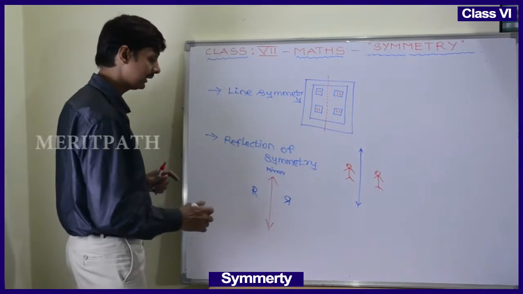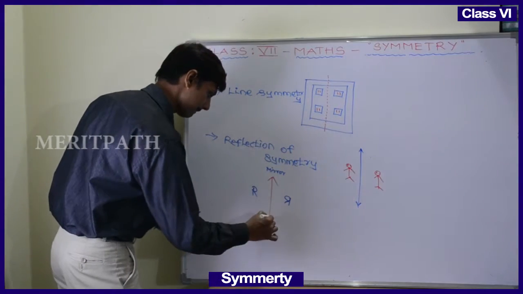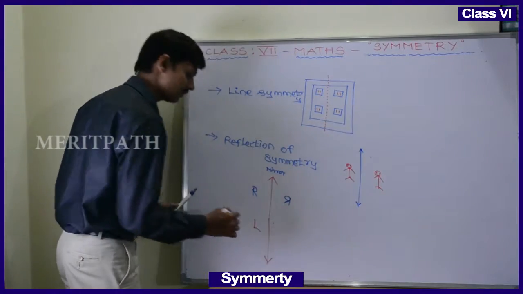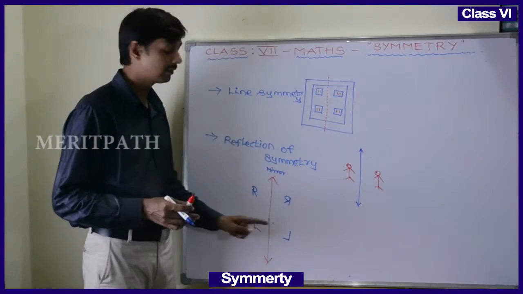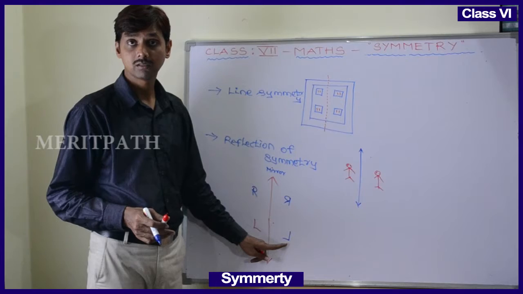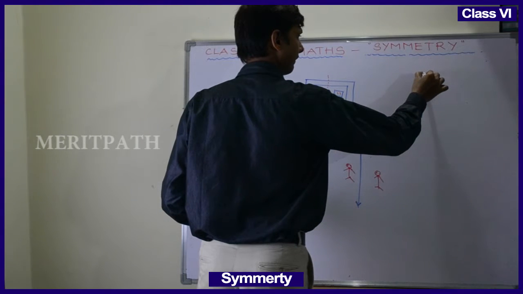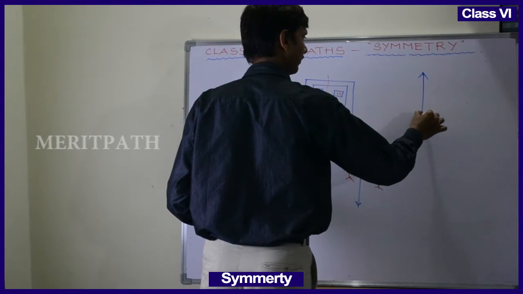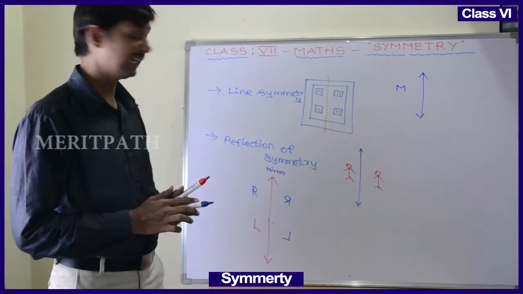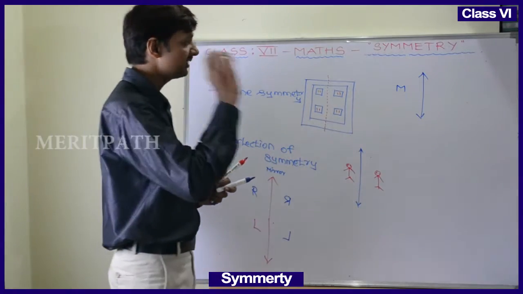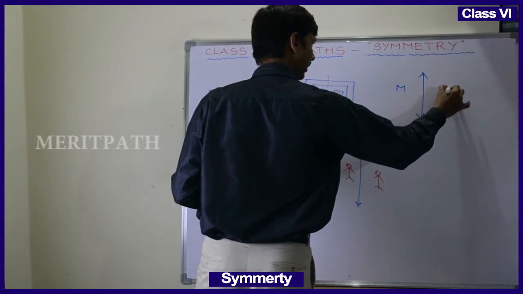If we take something else, for example, we take L, it looks like the same thing but opposite. So this is the mirror image of that. If we take the letter M and see M in the mirror, its reflection looks the same.